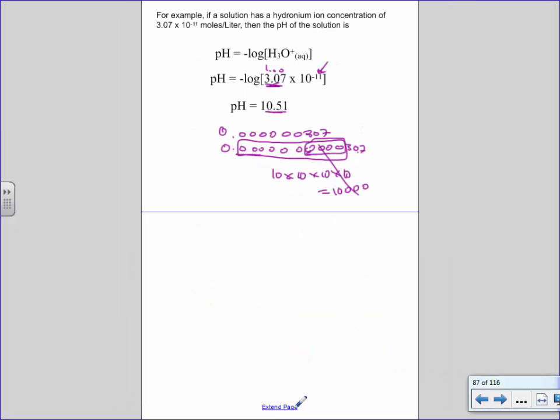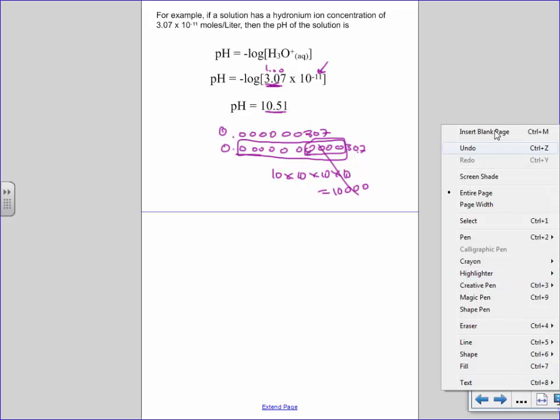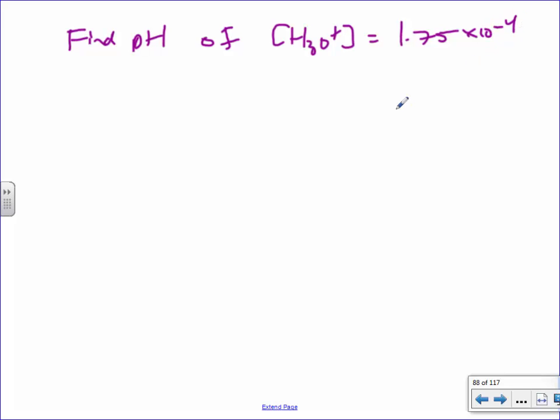Here, let me do 2 more examples and then we'll move on. So here's what I want you to do. Find the pH of a solution which has a concentration of, let's say, 1.75 times 10 to the minus 4.